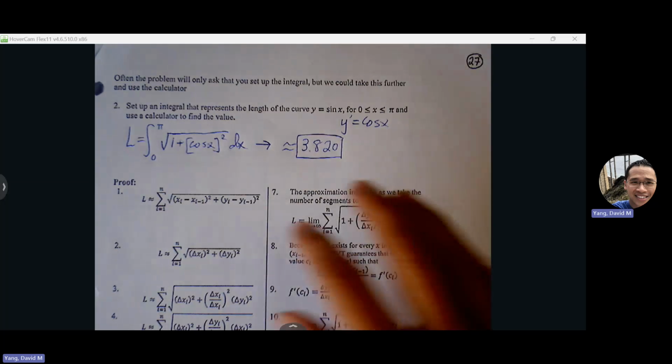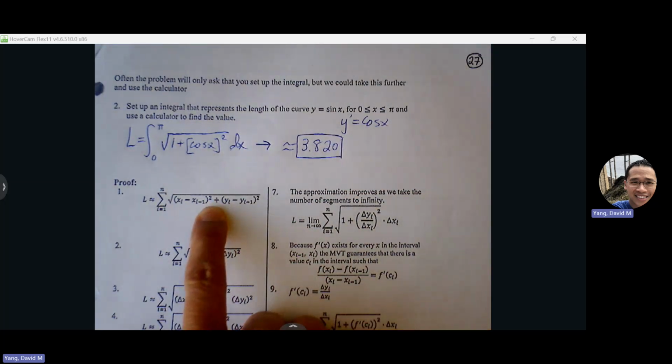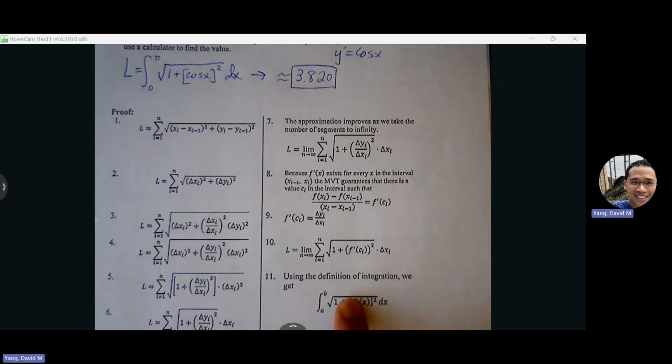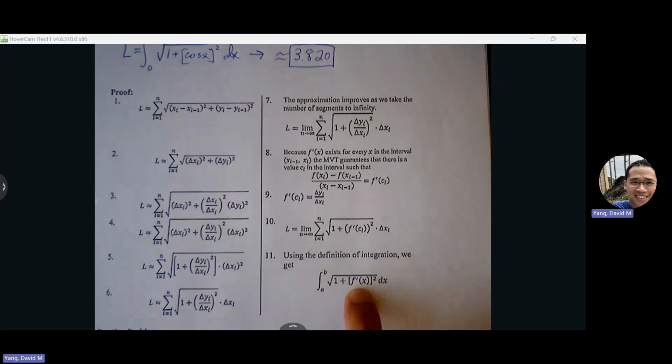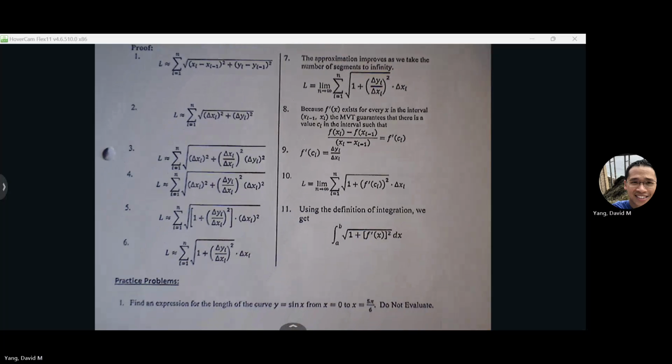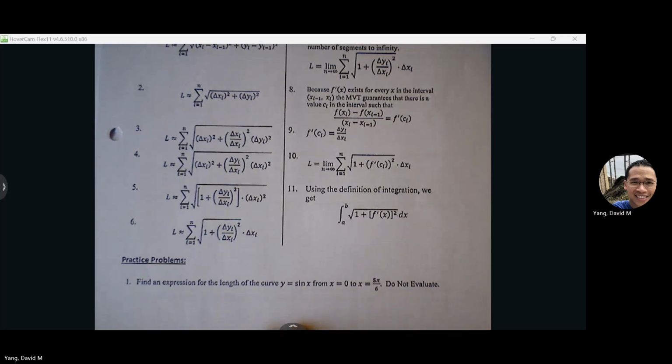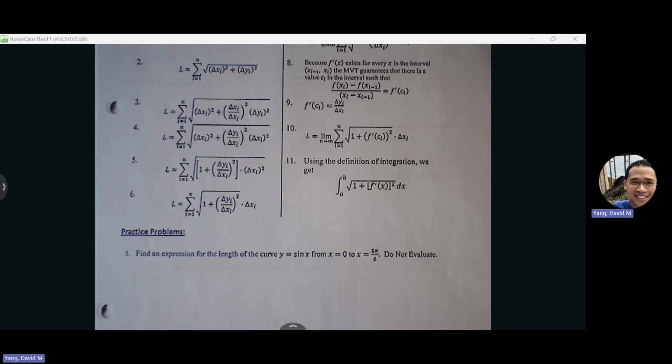The next part is just a proof that shows how algebraically we can get from the distance formula to the arc length formula. But let's go ahead and try practice problem number 1. And this one is just set up as well.